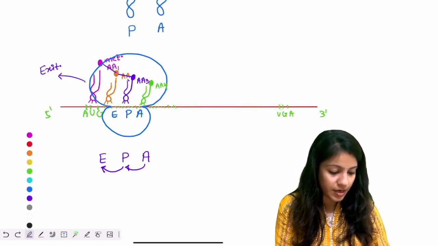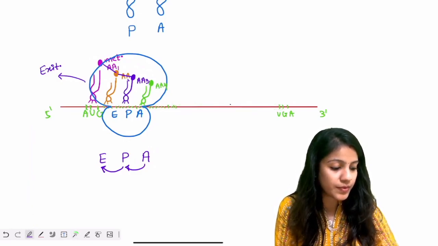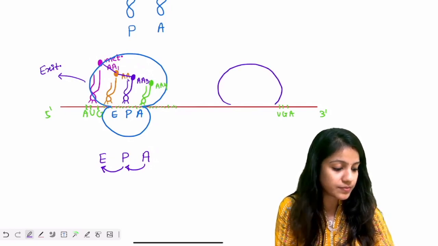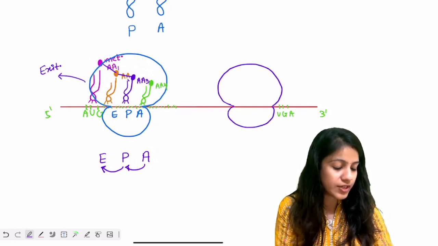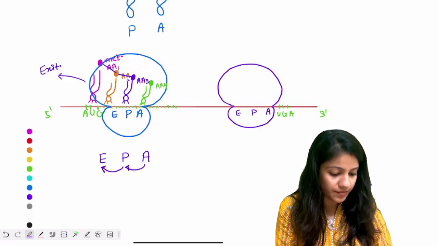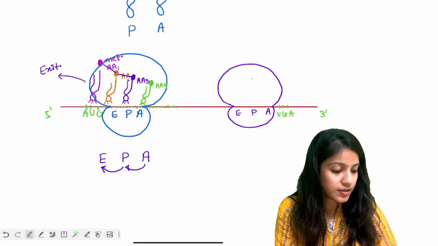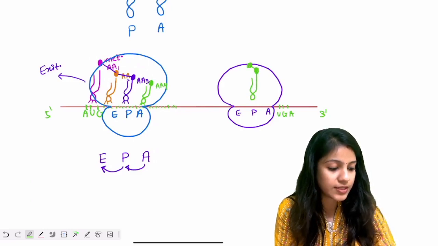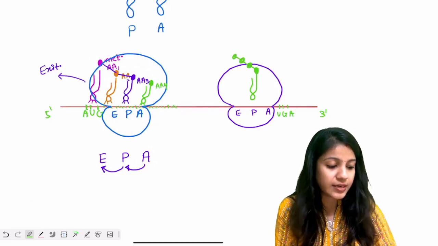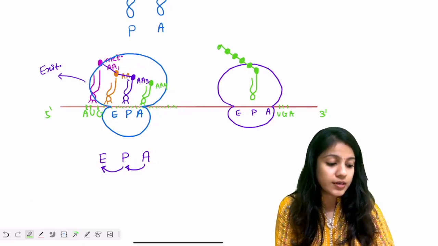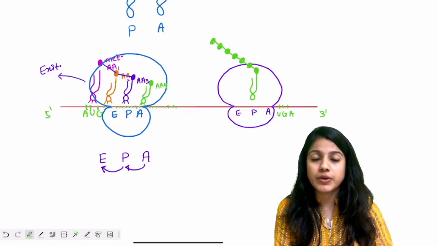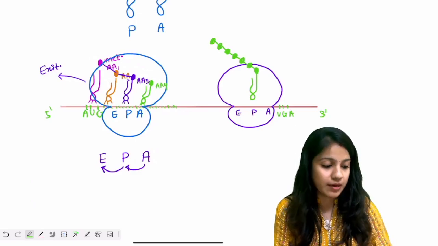Say for example now, this ribosome has reached over here, having the EPA sites. At the last position, it will be having a tRNA with a long chain of amino acids. I repeat, the number of amino acids depends upon the codons which are present on the mRNA. Right.